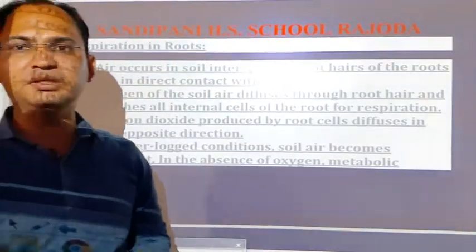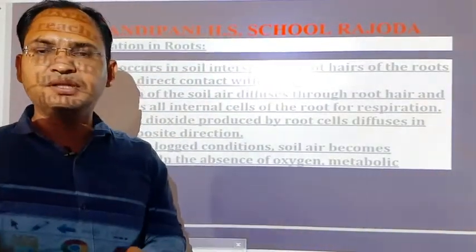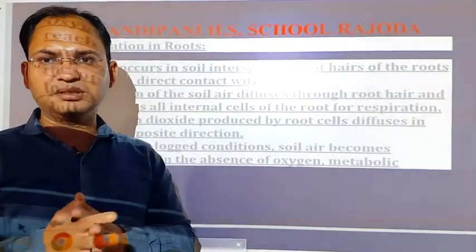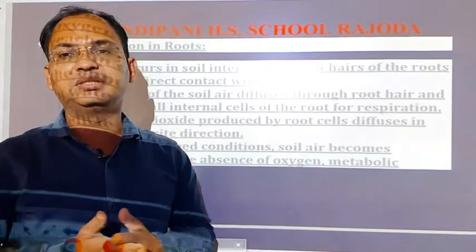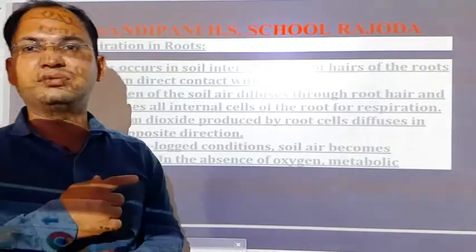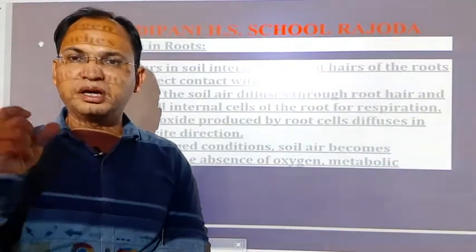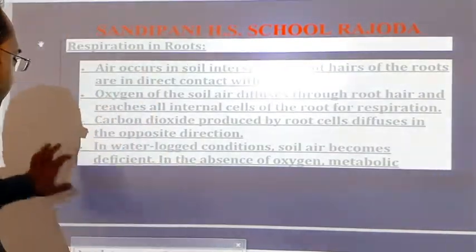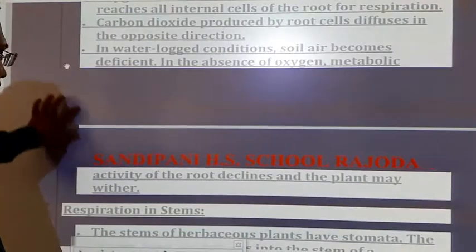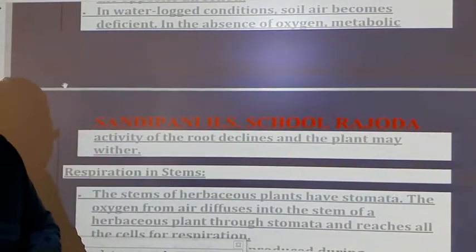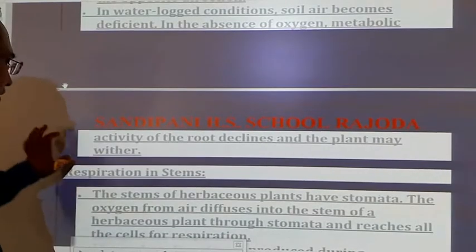You have seen that during the rainy season, when a large amount of water gets collected at a place, then the plants at that place die. That is due to the root cells of the plant not performing respiration. So, the plant may wither, that condition is called wither, and the plant may die.